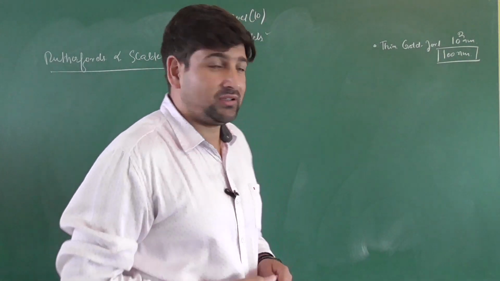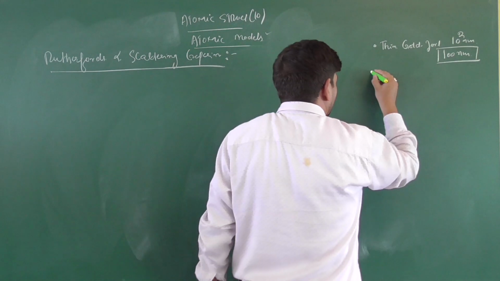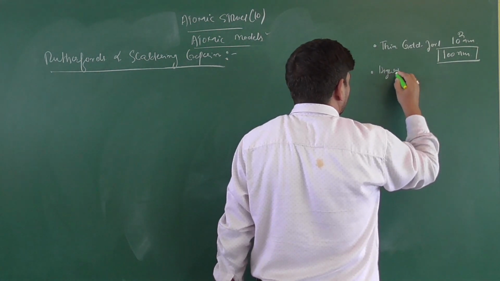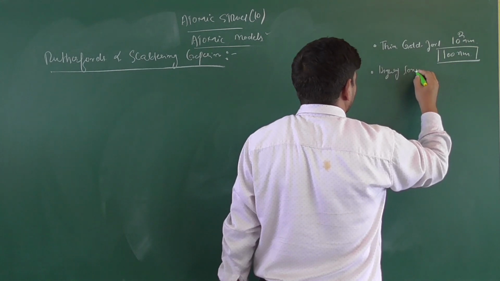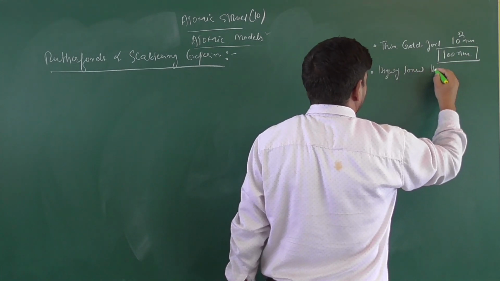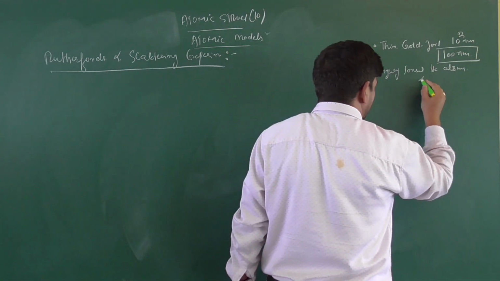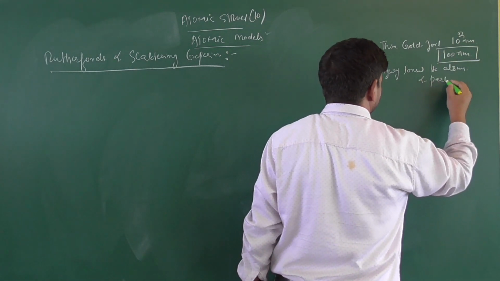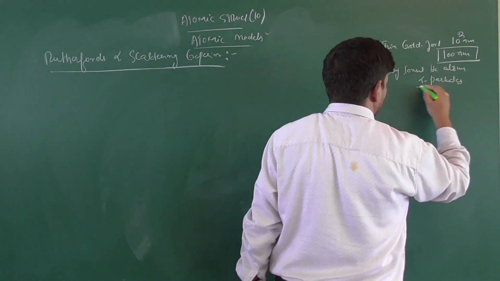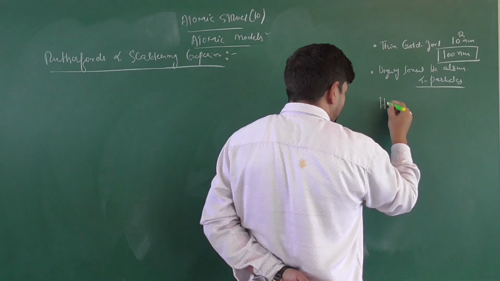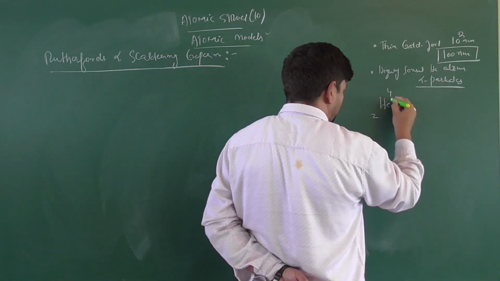Then, highly ionized helium atoms, which are also called alpha particles. So how can you obtain alpha particles? You have helium, atomic number 2 and mass number 4.